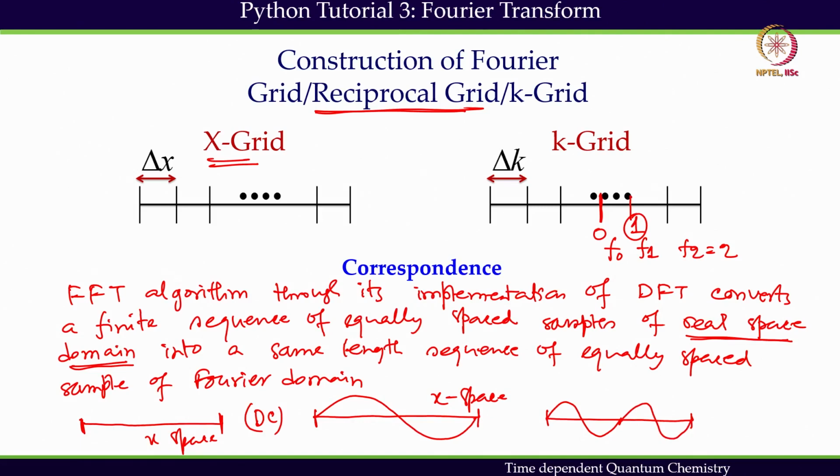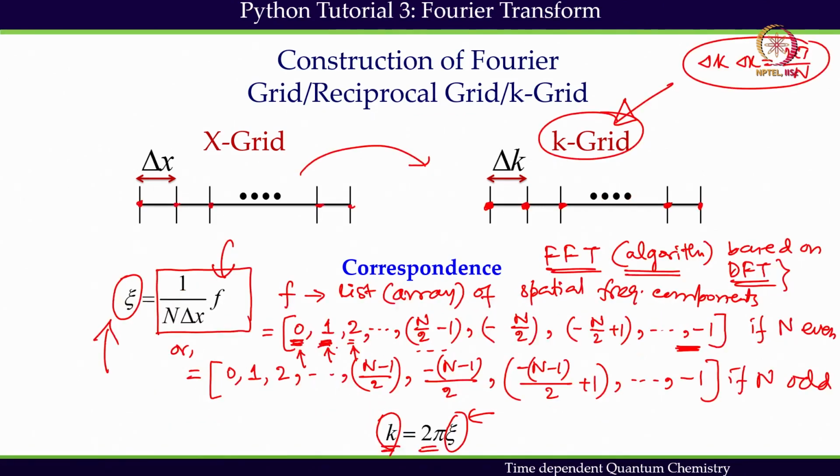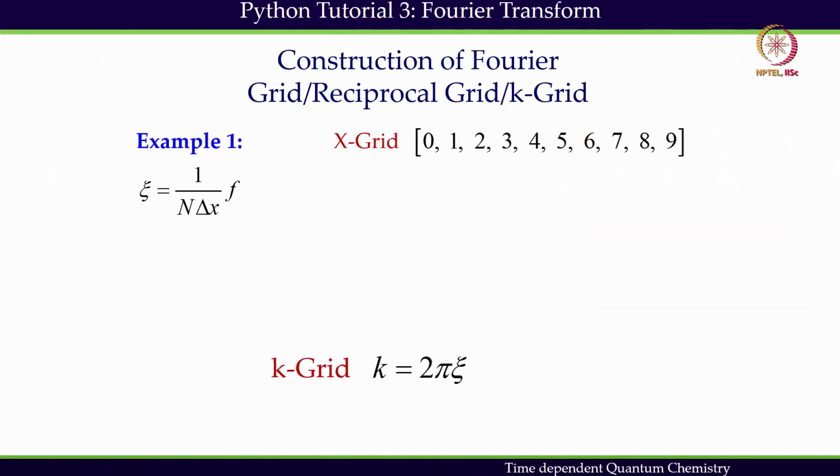So, this is the meaning of the individual frequency components which we get when we are constructing the K grid. We will take an example, and this example will clarify many of our doubts and the procedure further. As I mentioned before, to construct the reciprocal space or Fourier space, we need to start with the X grid. So, let us say I have an X grid first, which starts with 0.